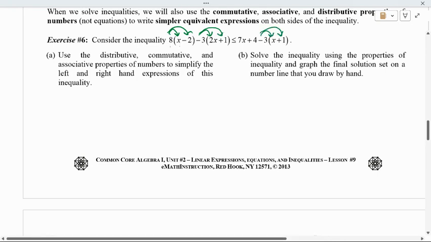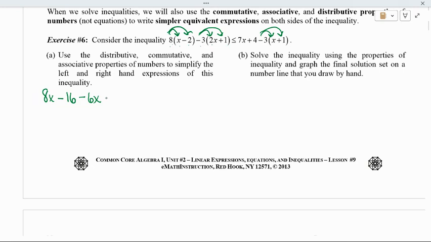So 8 times x is 8x. 8 times negative 2 is negative 16. Good job. Negative 3 times 2x is negative 6x. Negative 3 times a positive 1 is negative 3. My symbol, less than or equal to.